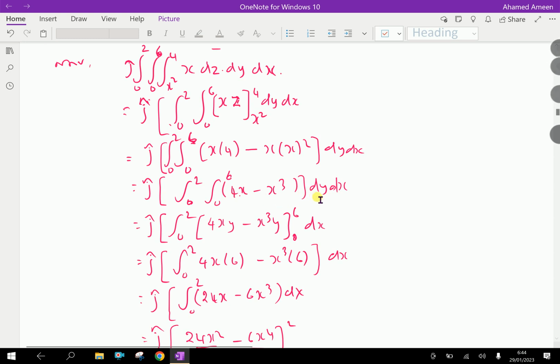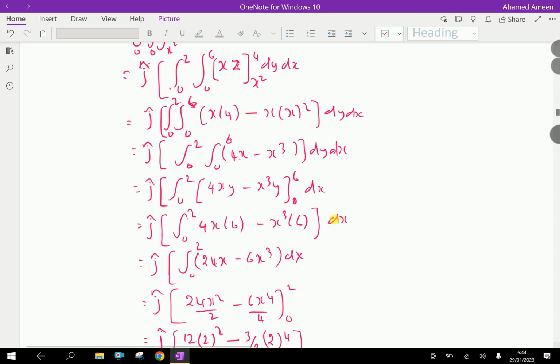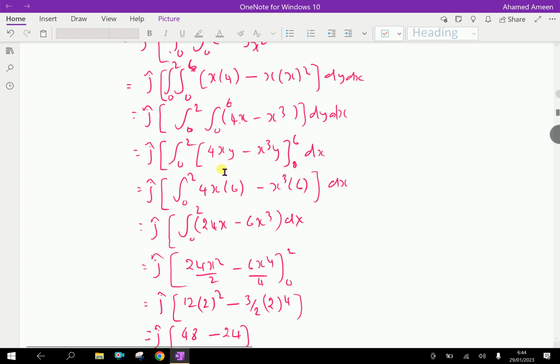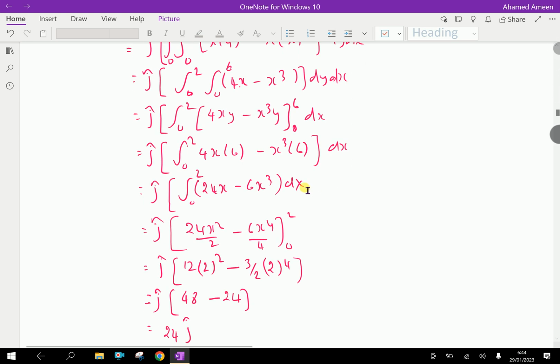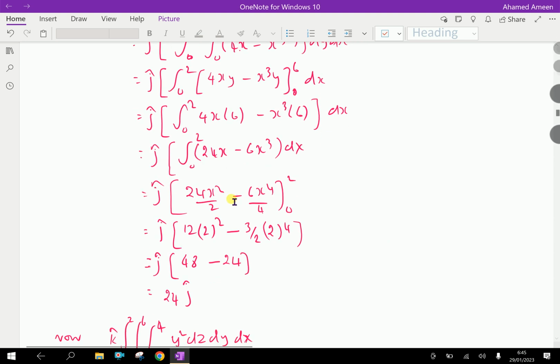So we have 4x minus x cubed. Then we integrate this with respect to dy: 4x integrates to 4xy, minus x cubed y, with limits 6 and 0. After substituting y as 6 and simplifying, we get 24x minus 6x cubed. Finally we integrate with respect to dx: 24x squared by 2 minus 6x to the power 4 by 4.